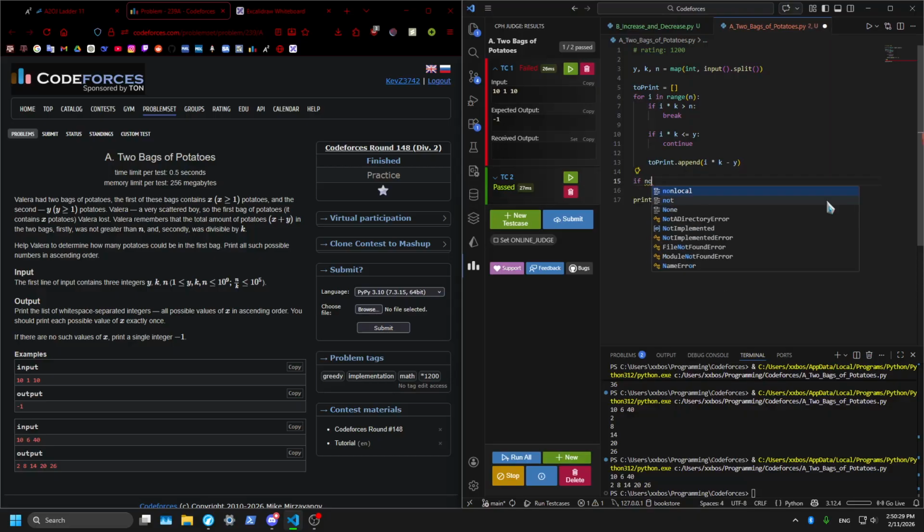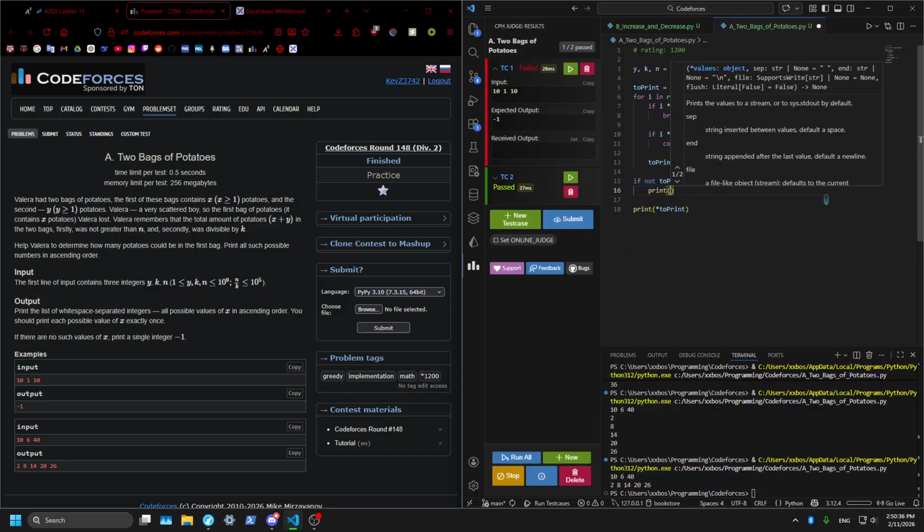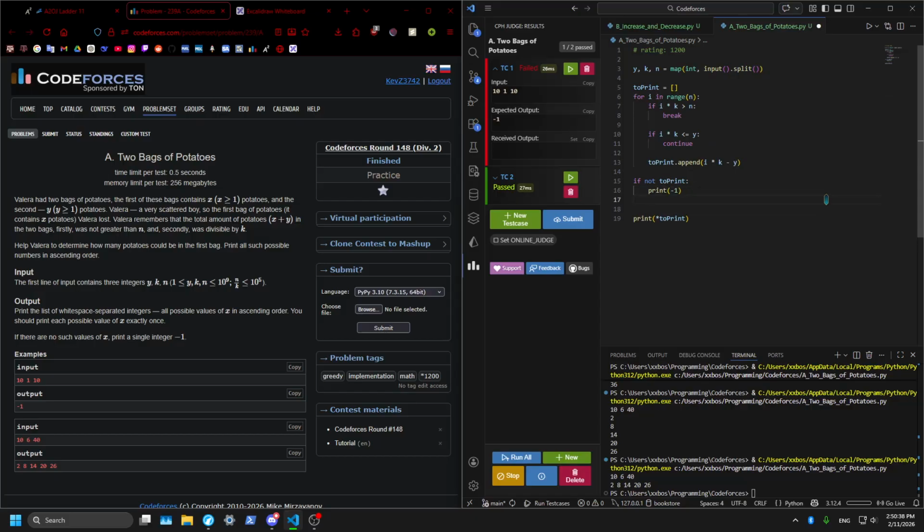And now we need to deal with this -1 case. If not to_print, print -1, whatever we can do.